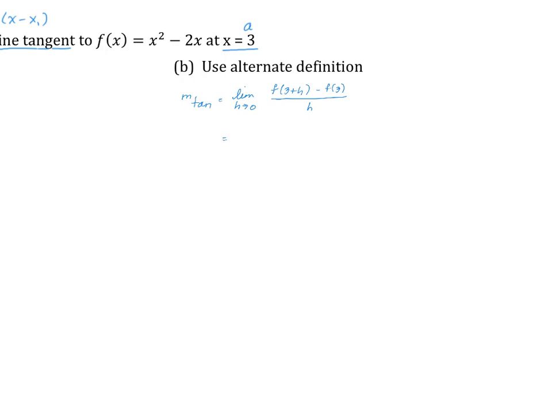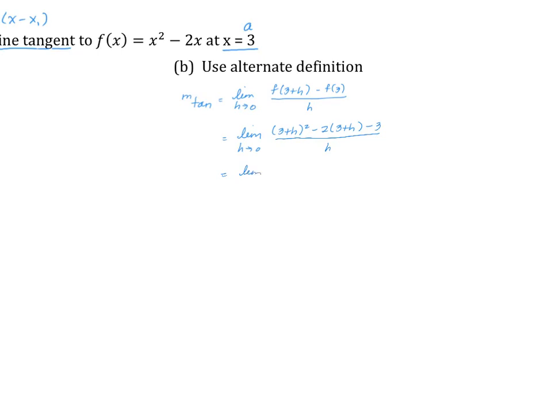So if I put in 3 plus h into my function, this limit as h goes to 0 is going to be 3 plus h squared minus 2 times 3 plus h minus, and here f of 3 is 3, all over h. So if I were to evaluate this limit, I would get 0 over 0.